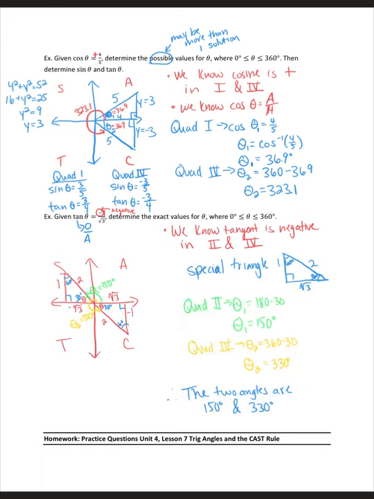So there's the solution for this problem. If we were to continue filling out the triangle, you would hopefully recognize that when we label our opposite and our adjacent sides, we have the side lengths of a special triangle, that 30, 60, 90 special triangle. So that would tell us that our theta in this case is 30 degrees.